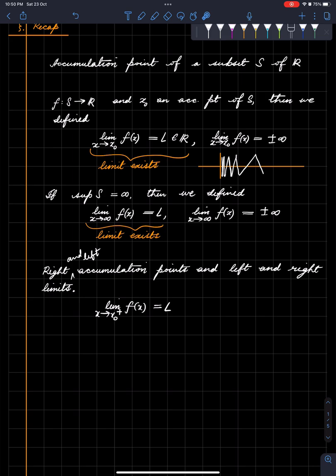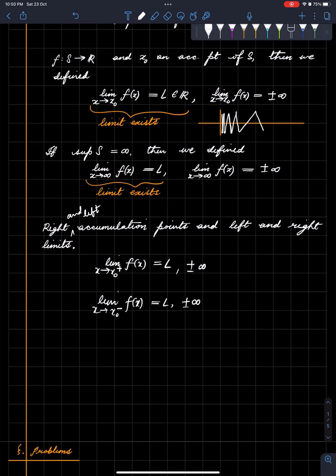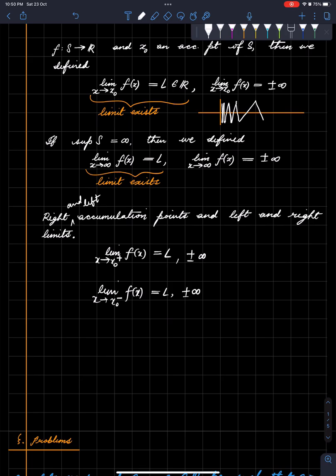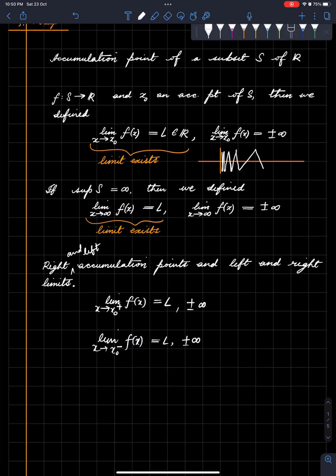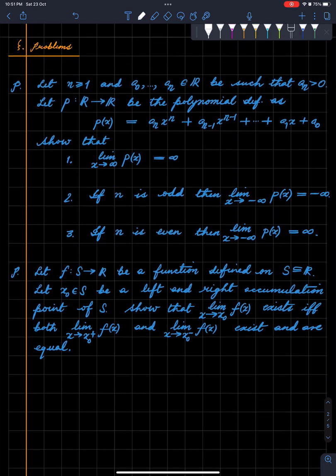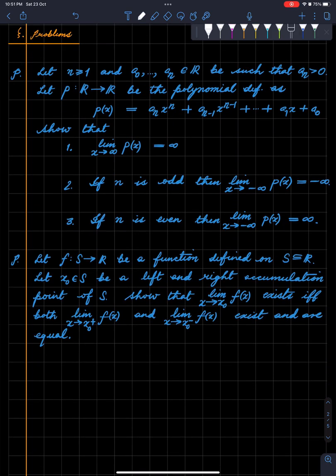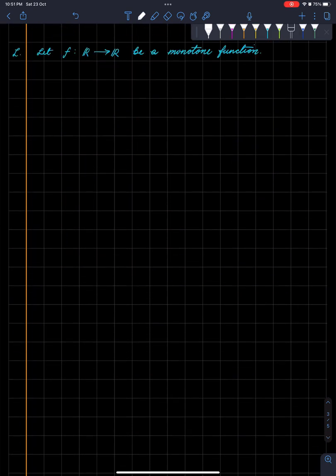Similarly, we have this notation for the left limit, x going to x0 minus of f(x), and this may be equal to a real number or plus infinity or minus infinity, anything. Similarly for the right limit. So there were a bunch of definitions last time. These are the preliminaries, and now let us get on with the material of this lecture.